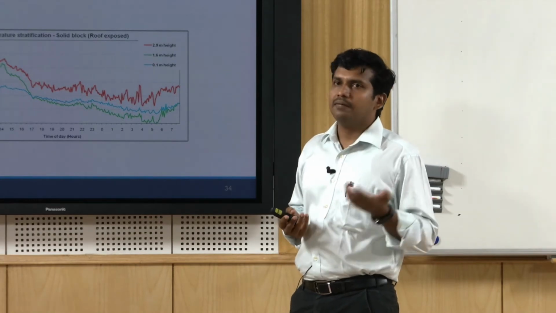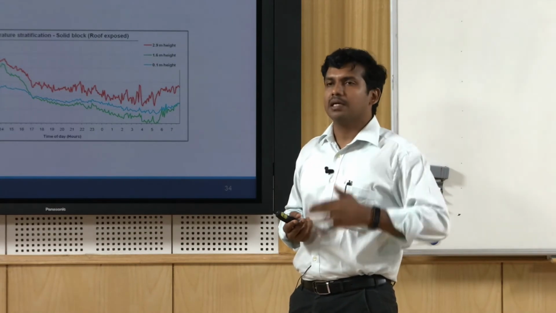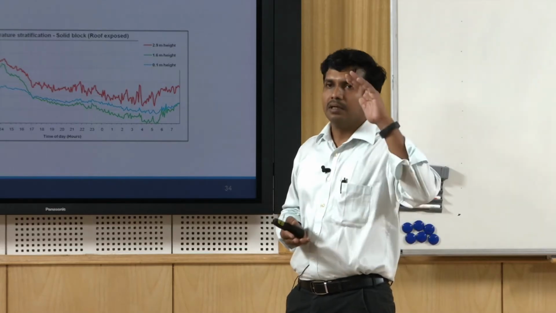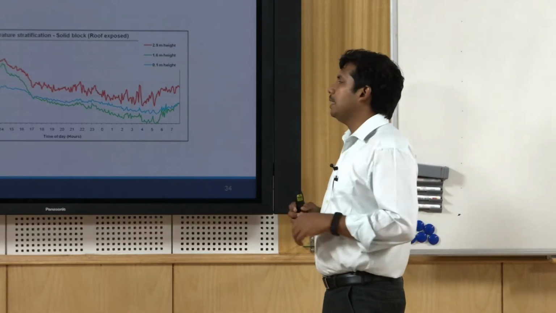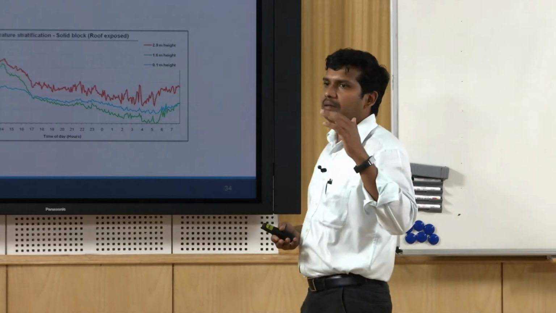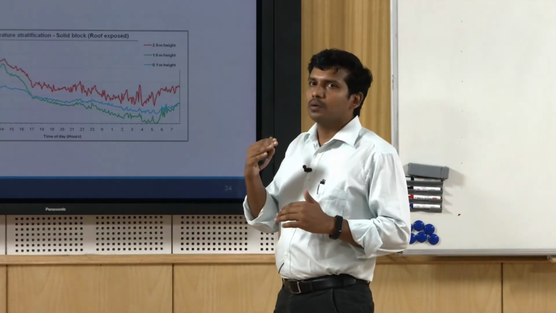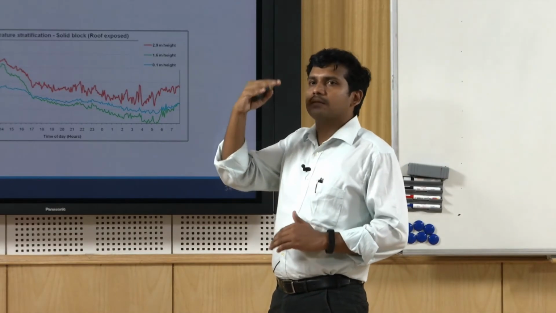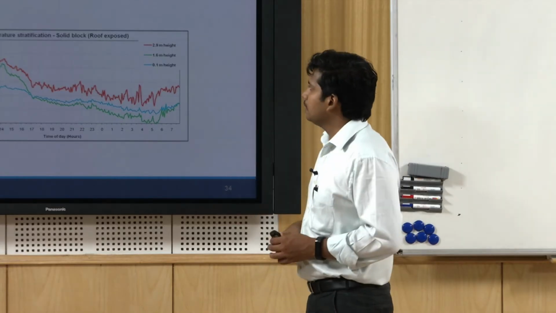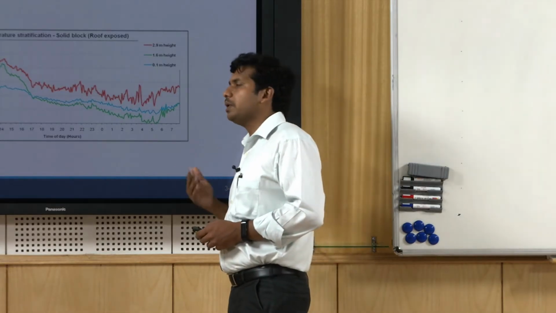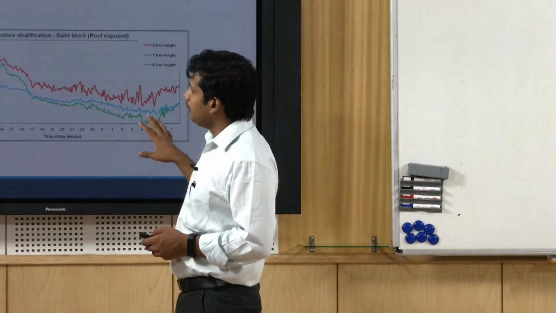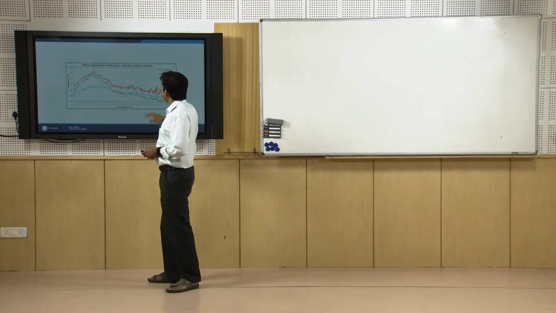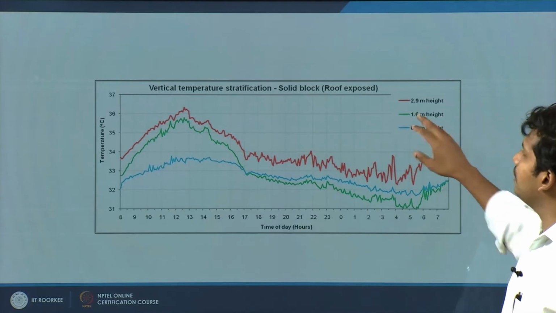So you can easily find about 3.5 to 4 degrees vertical temperature difference, but it depends on the floor to ceiling height, how much height it is. Say if it is 3 meters, the difference might be slightly lower, but if you are talking about a 5 meter or 6 meter tall space, then the vertical temperature difference is going to be considerably different. But even in the case of a naturally ventilated space, here we took measurements in a naturally ventilated building.